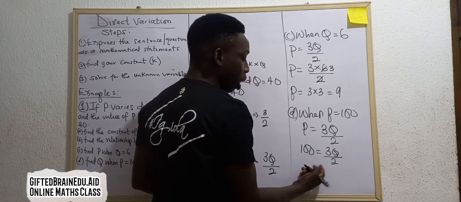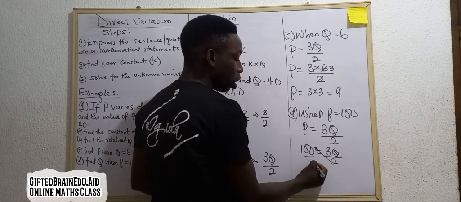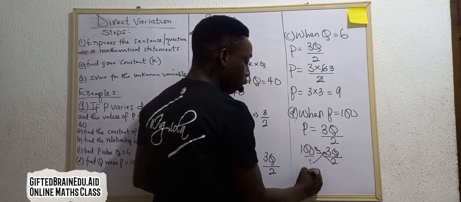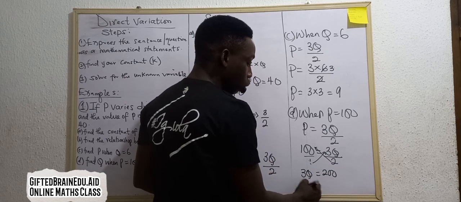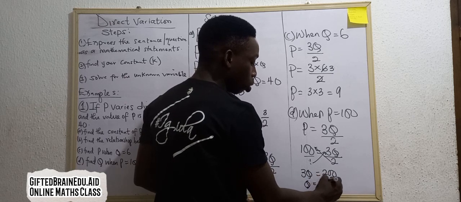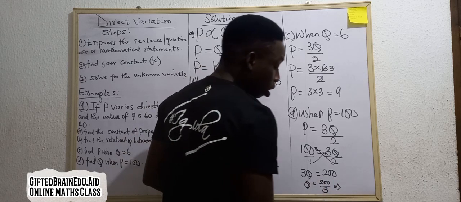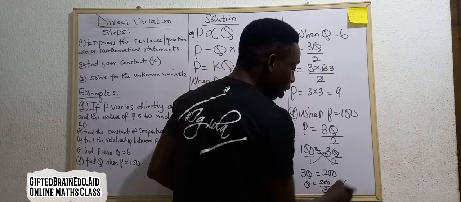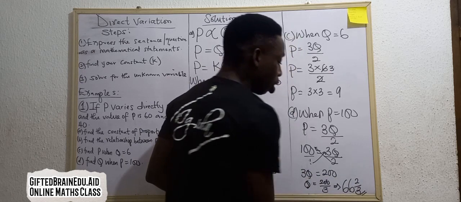Here we cross multiply: 2 multiplies 100 and 1 multiplies 3Q. 3Q times 1 gives us 3Q, and 100 times 2 gives us 200. So Q equals 200 over 3. 3 into 20 is 6 remainder 2, then 3 into 20 again is 6 remainder 2. That's 66 and 2 over 3. So that's the value of Q.